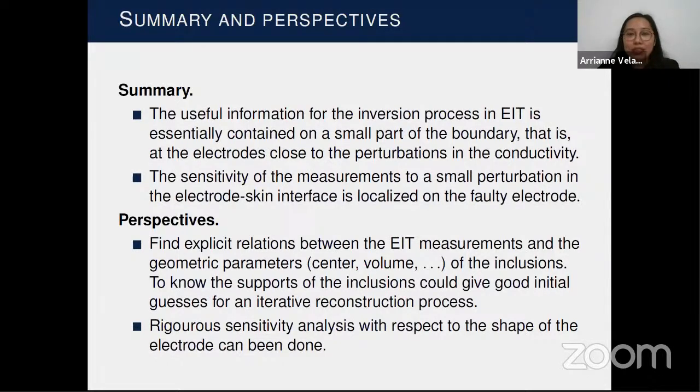from the numerical sensitivity, we now know which electrodes contain the most useful information, and those are the electrodes close to the perturbations in the conductivity. And the numerical sensitivity with respect to the contact impedance is actually localized on the faulty electrode.